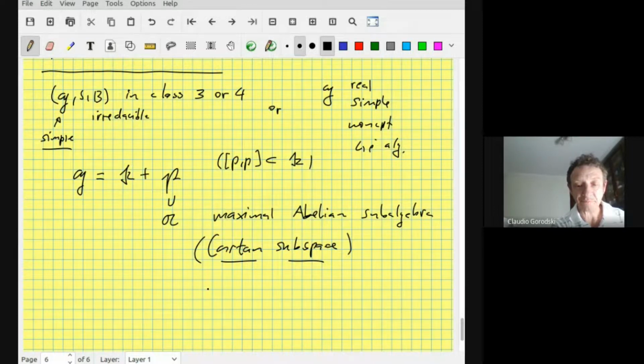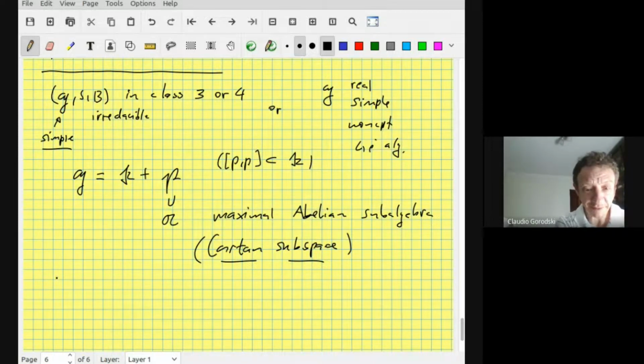And so what we want to do is to consider the adjoint action of elements of A on G and simultaneously diagonalize, okay? So we have to check that the elements of A under the adjoint representation are diagonalizable. They act as semi-simple endomorphisms, right?